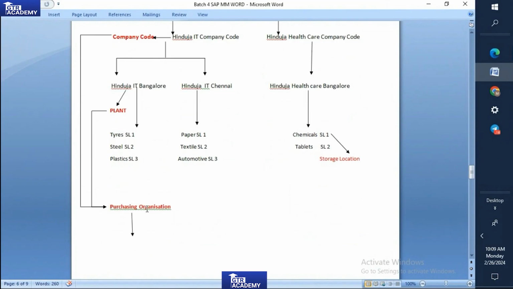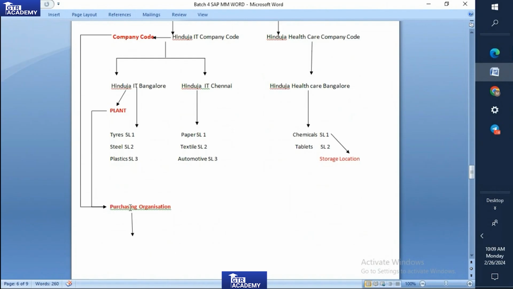There are company specific purchasing organizations and plant specific purchasing organizations. Its main function is to procure the materials according to the business requirement, and it is responsible for the external procurement. Whatever materials are required from an outside vendor, this purchase organization is responsible.